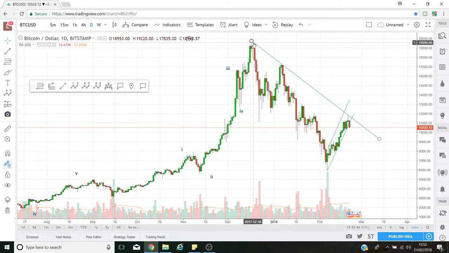Wave 2s are corrective patterns, and this one is in fact an ABC pattern.